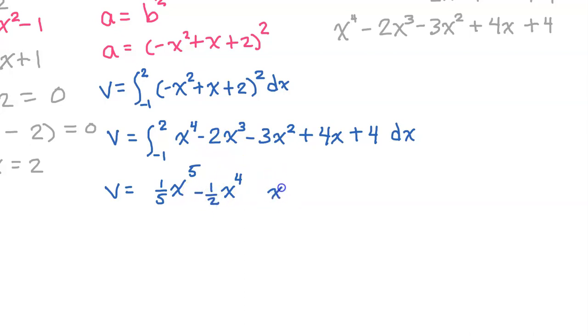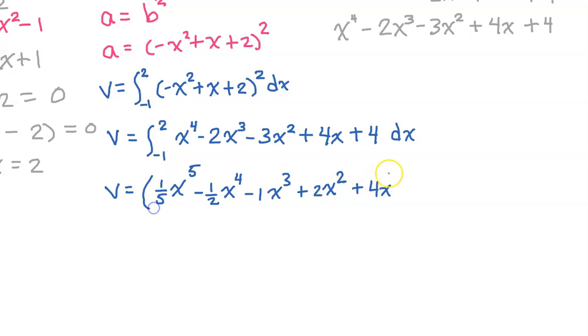Next term, x squared becomes x to the 3rd power. Dividing -3 by 3 gives me -1. Next term, x becomes x squared. Dividing 4 by 2 gives me 2. And 4 becomes 4x. We are integrating from -1 to 2.